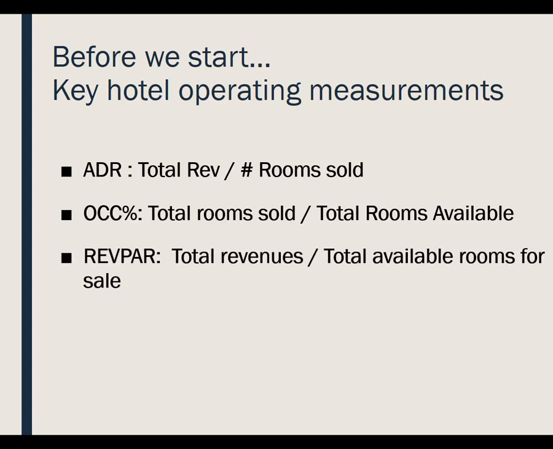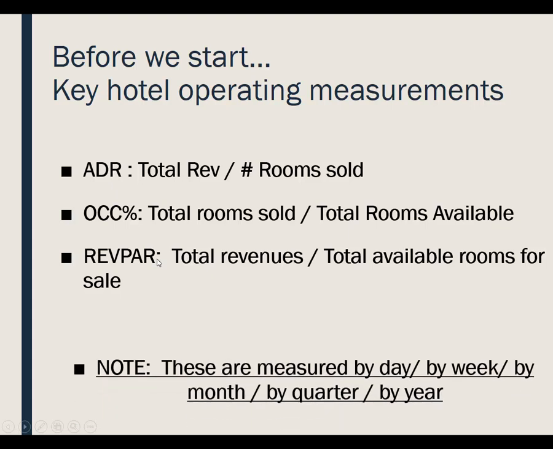And then our RevPAR is going to be our total rooms revenues divided by total available rooms for sale. Or in some cases, if you have your average daily rate and your occupancy percentage, you can multiply these two to discover your RevPAR. Okay? These are typically going to be measured by day, by week, by month, quarter, and by year. Okay? So let's just make sure that we all feel comfortable with these three metrics before we move forward.